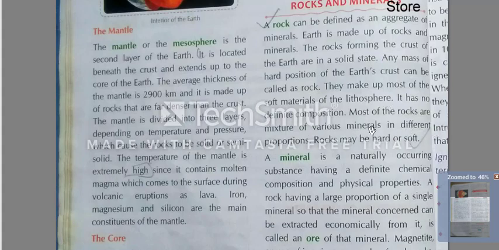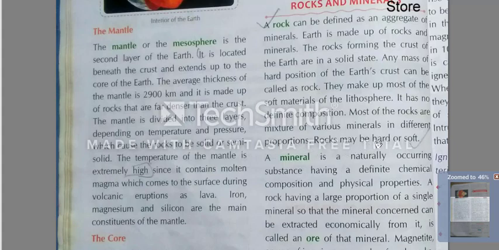So most of the rocks are a mixture of different minerals in different proportions, not in a particular proportion.